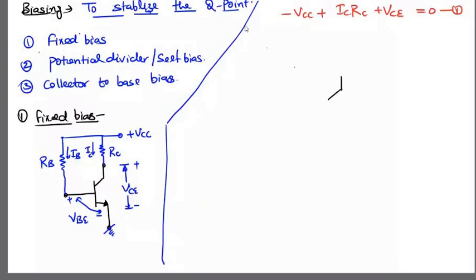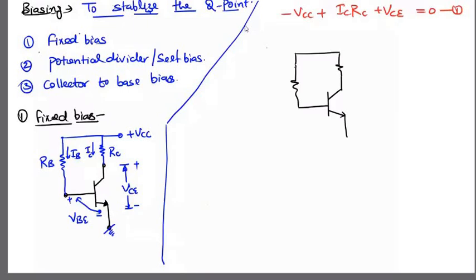This is RC, this is RB. Already you know the voltage across these terminals: this is VBE plus minus in common emitter configuration, and the voltage across these terminals is VCE plus minus. I think there is no problem now.